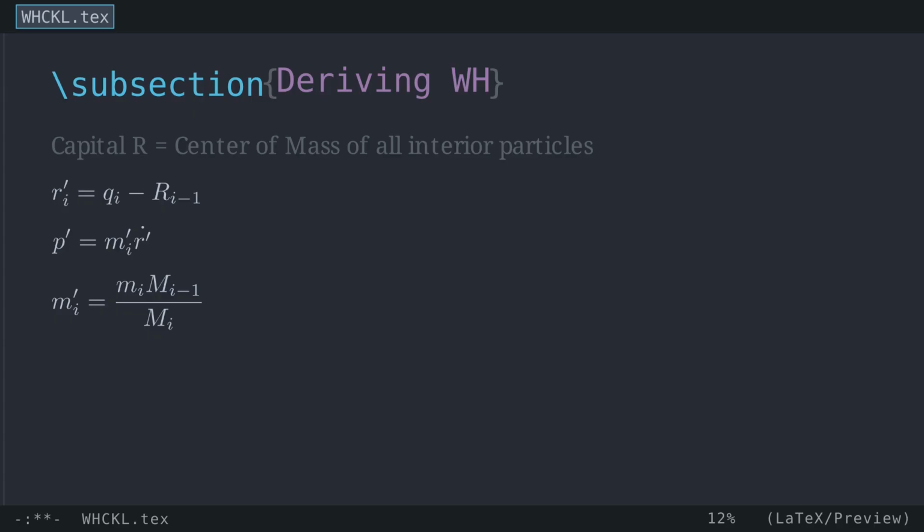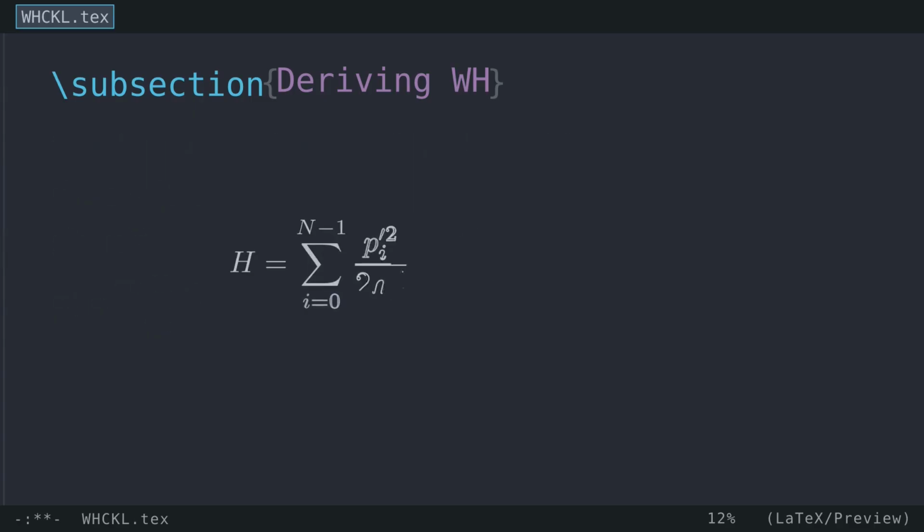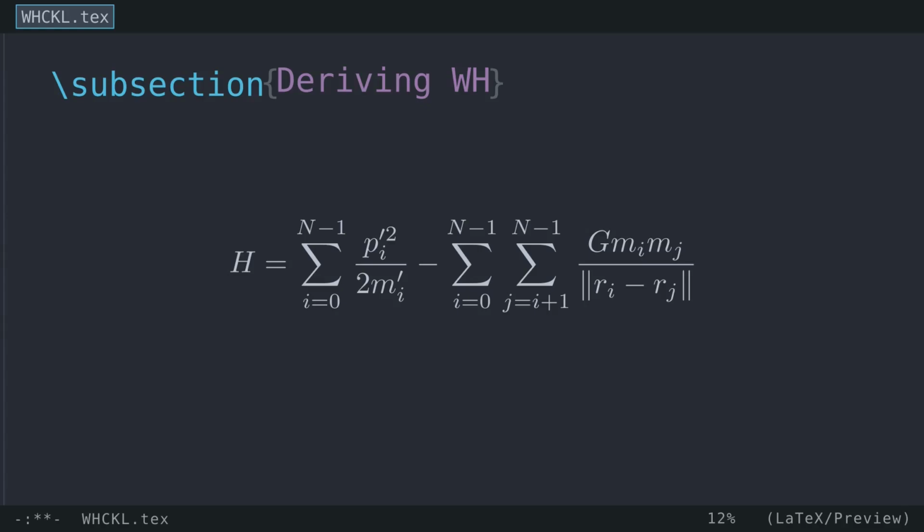Momentum changes differently, however. We start with our original equation, where momentum is equivalent to the mass times the velocity. But rather than traditional mass, we will use reduced mass, which is explained through this equation below.